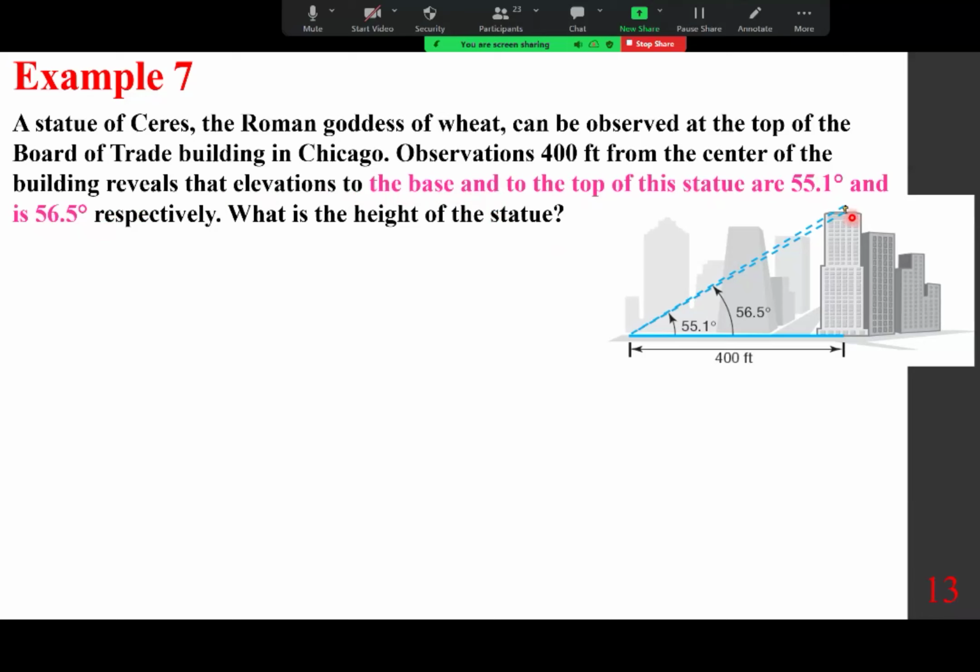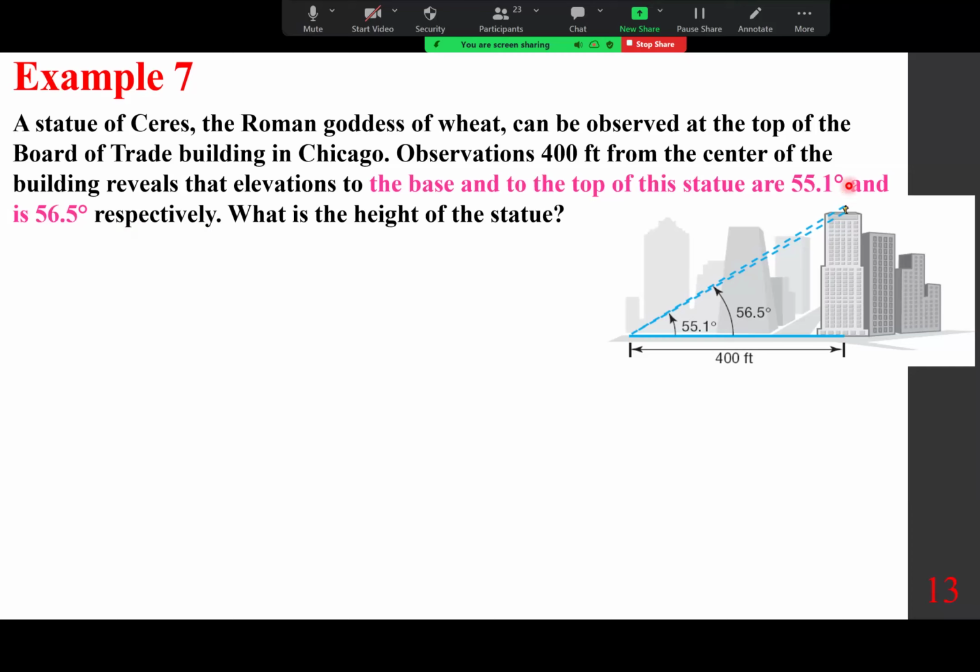So this is the statue that has some height. The base gives you an angle, which is a tad smaller, 55.1 degrees. Then if you look at the top of it, that gives you an angle of elevation which is slightly more, 56.5 degrees. What is the height of the statue?